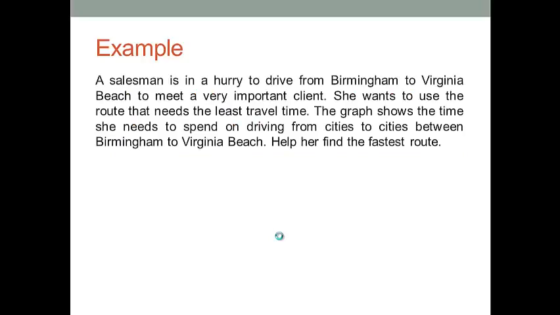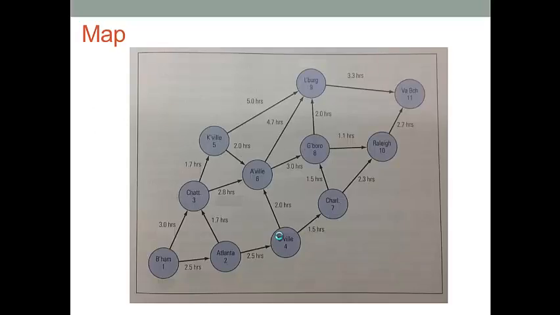A salesperson is in a hurry to drive from Birmingham, Alabama to Virginia Beach to meet a very important client. Because she wants to get there ASAP, she wants to find the route that needs the least amount of time from her. According to her knowledge and experience, she draws a map.